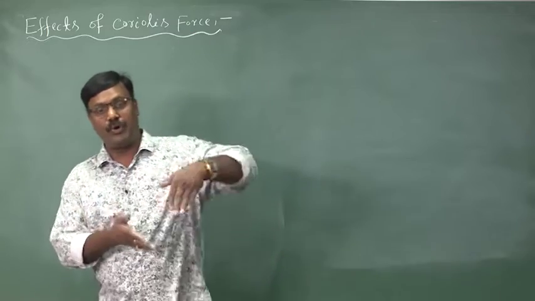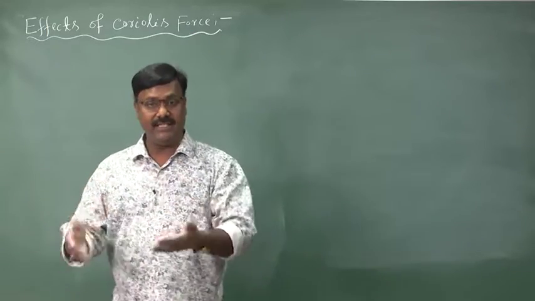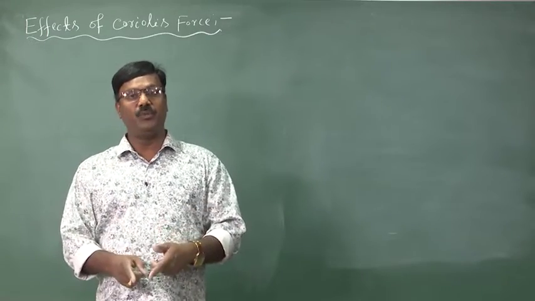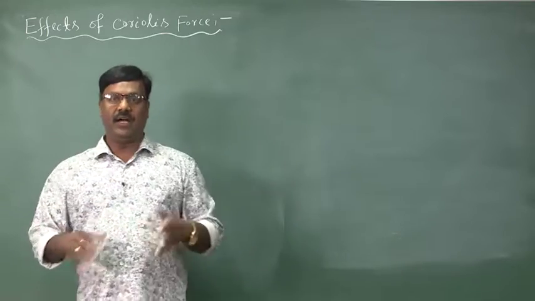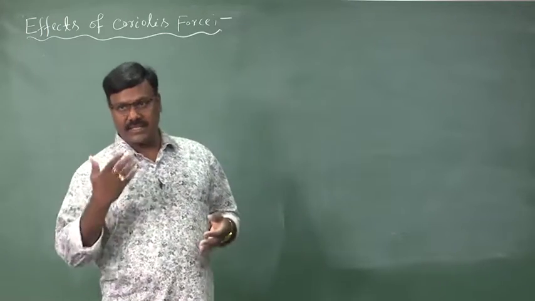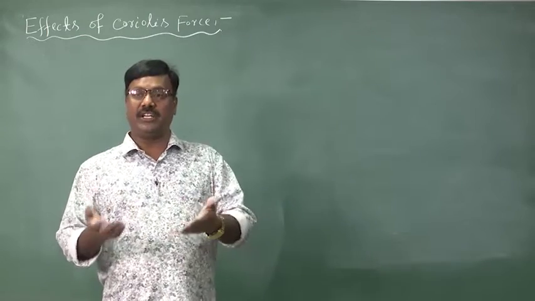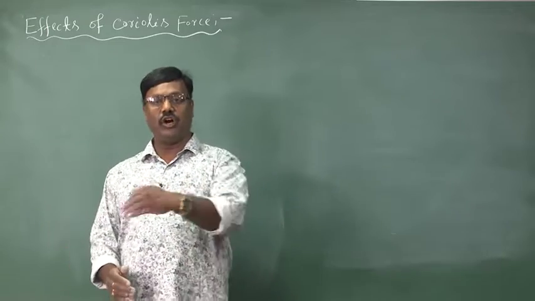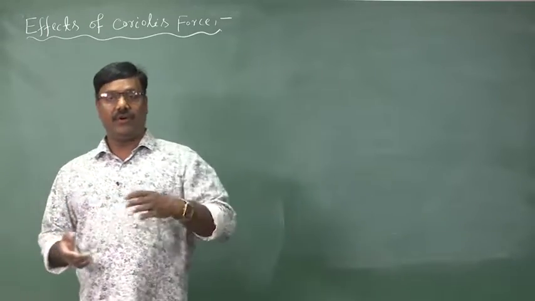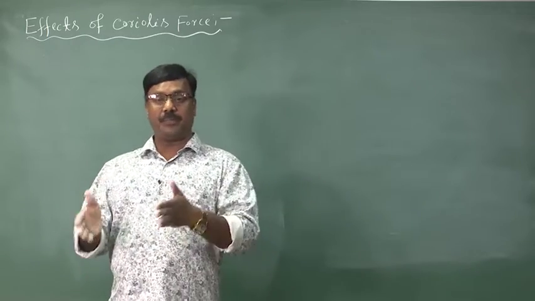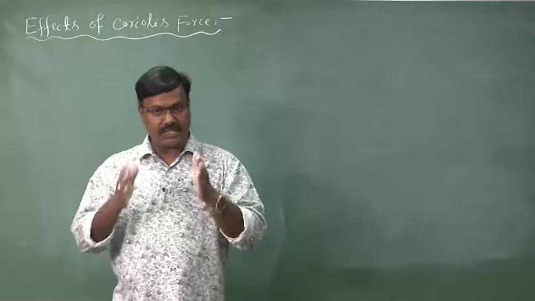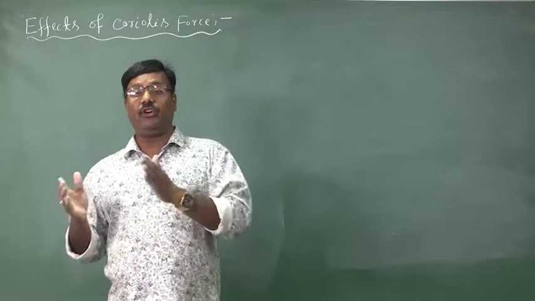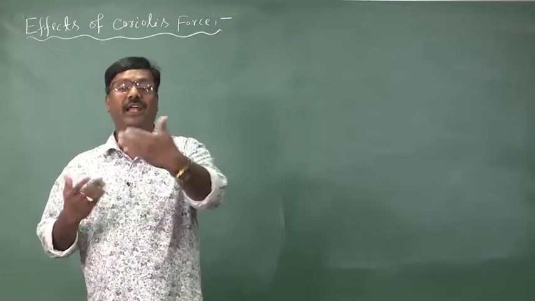When the rivers flow from west to east, then in that case a Coriolis force also exists as it is moving on the surface of the earth, and as the surface of the earth is considered a non-inertial or rotating frame, hence the path of the river is turned towards its right when it moves on the surface in the northern hemisphere. That's why the right bank of the river is eroded more than the left bank.